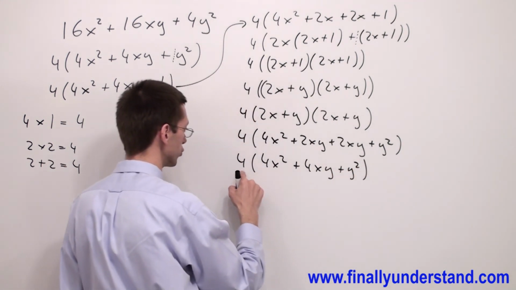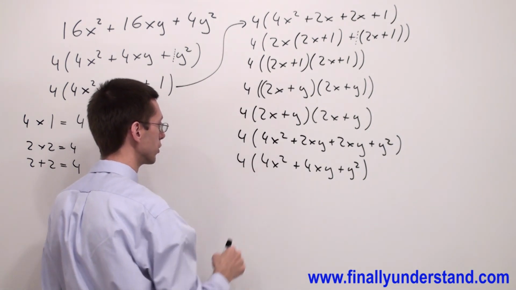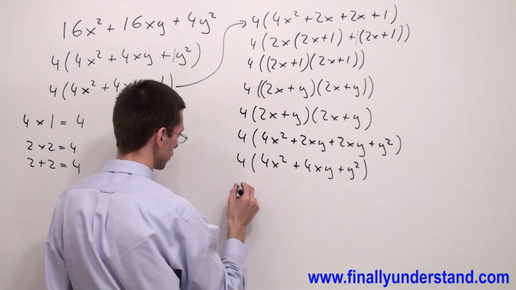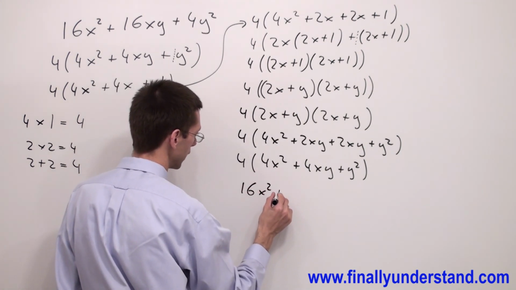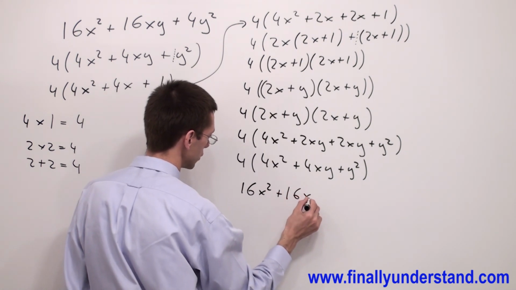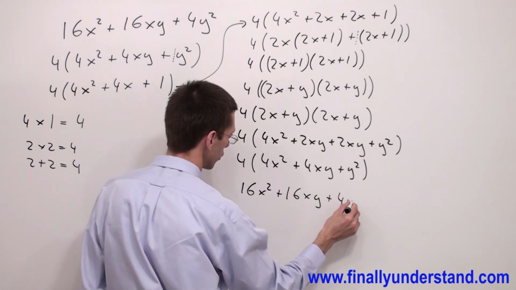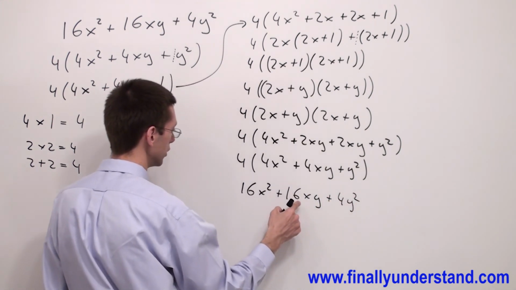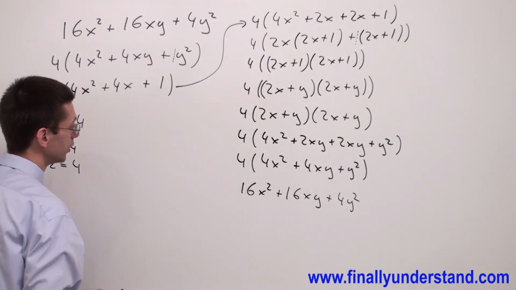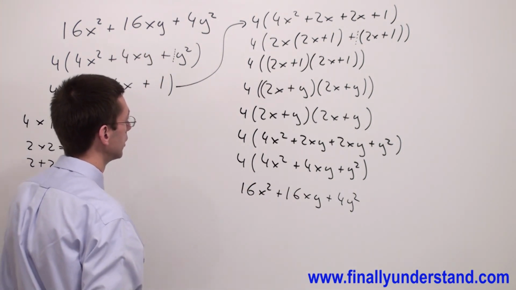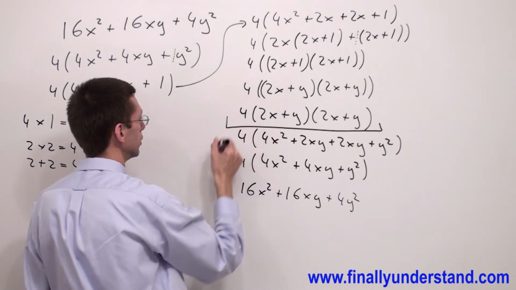Now you have to use the distributive law and simply multiply this 4 by every single term inside of the parentheses. That's why I'm going to have 16x squared plus 16xy plus 4y squared. As you can see, this is the original quadratic trinomial. That's why this is the solution to my problem.